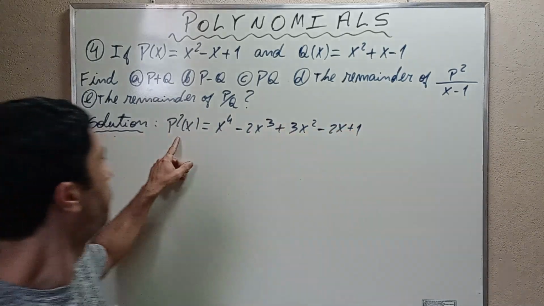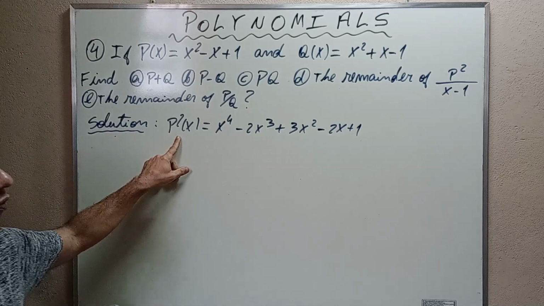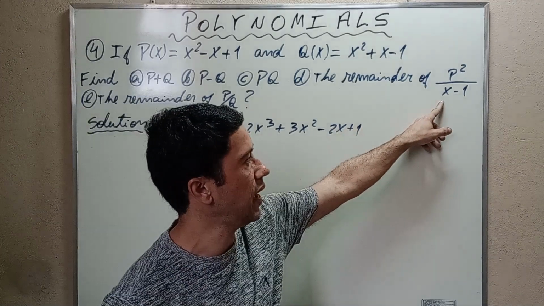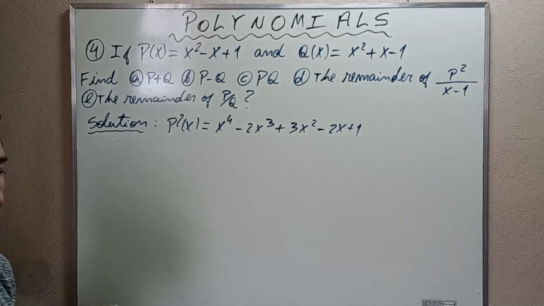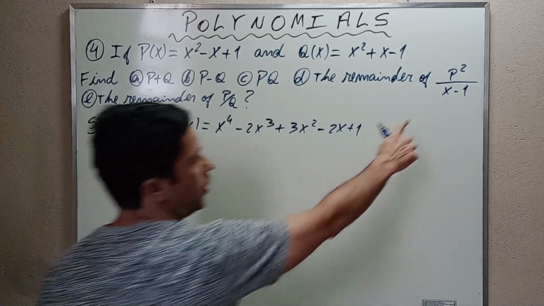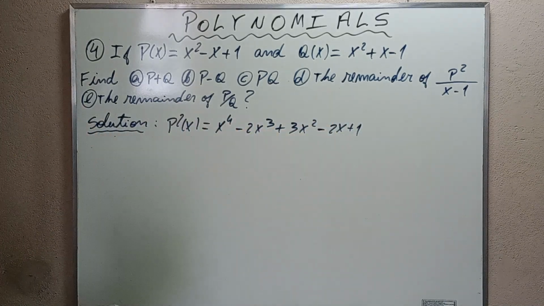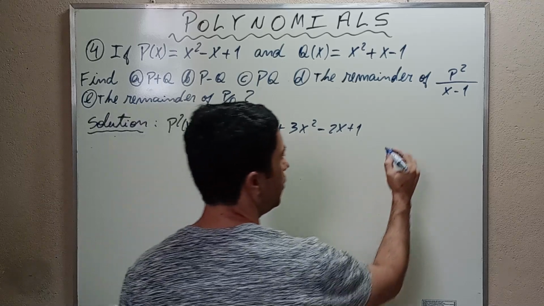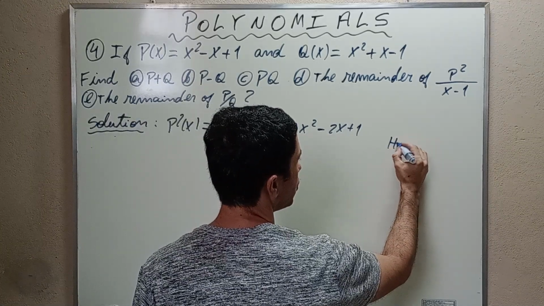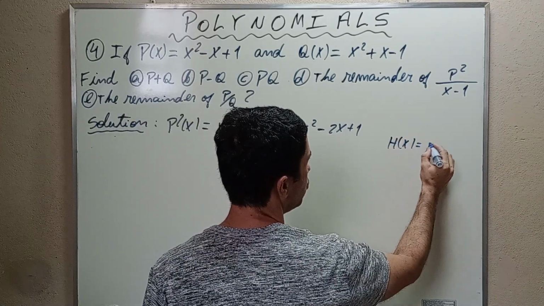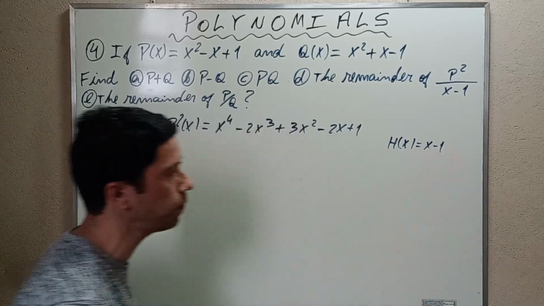If p squared is divisible by x minus 1, they share roots, okay? And the root of this polynomial is also the root of p squared, okay? Let's suppose that this polynomial here is h of x equal to x minus 1, okay?